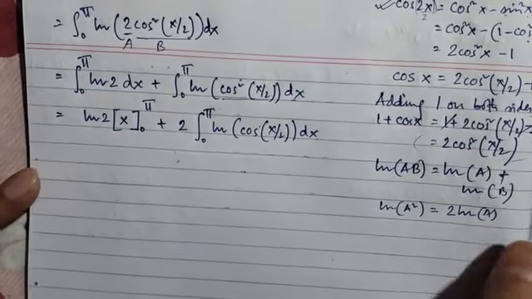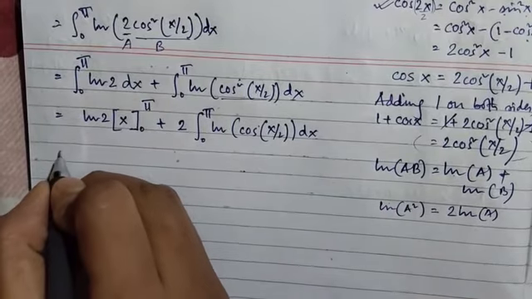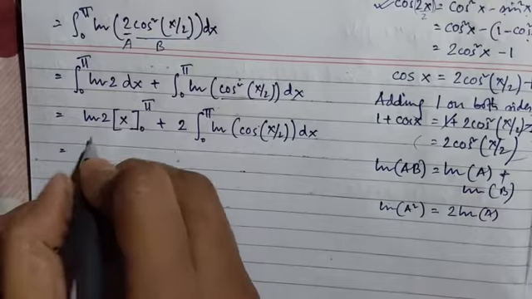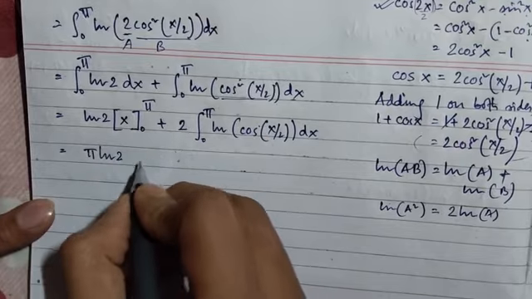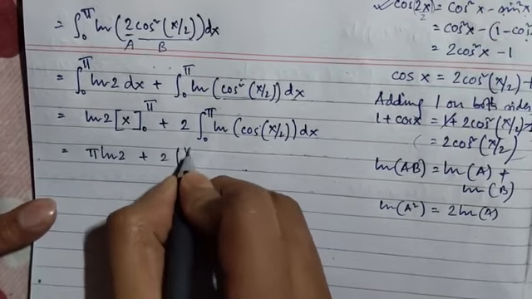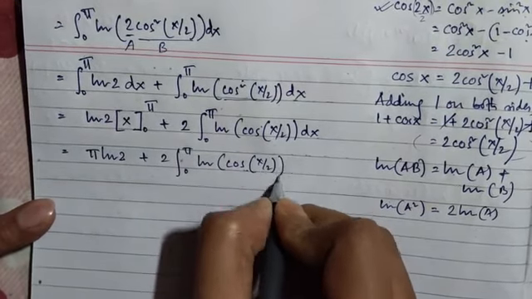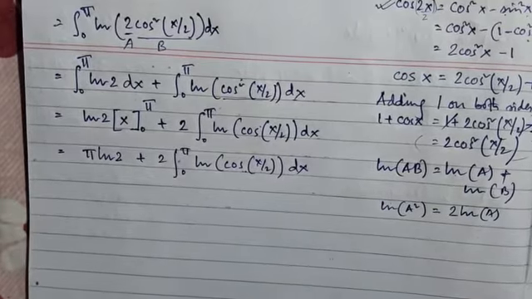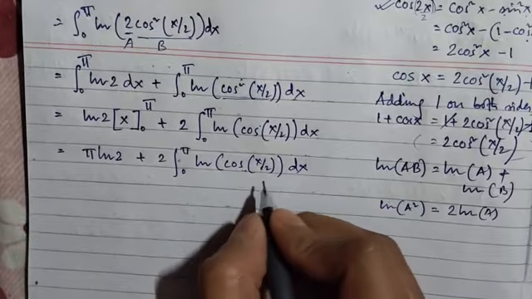Getting my point? Now from here we can solve this: pi ln 2 plus 2 times the integral from 0 to pi. Let's write this term once more for better understanding. Now over here we have an x/2 term.